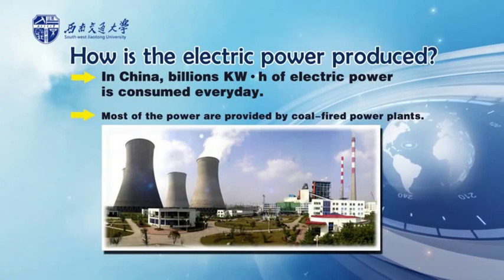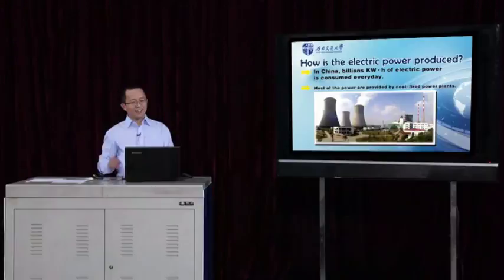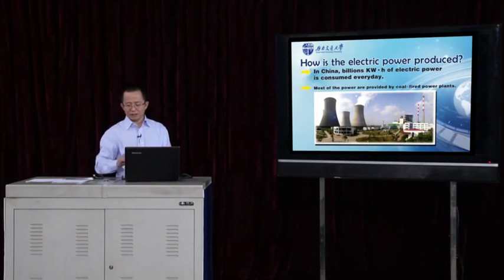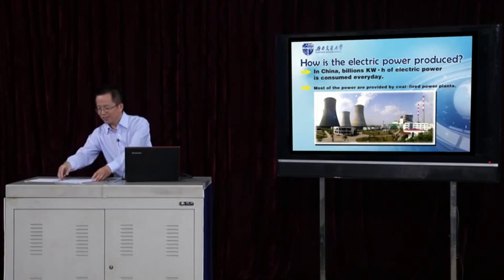For a coal-fired power plant like this, I would say that, well, it produces more pollutants into the air, but generally speaking, we don't worry about this one having some kind of big disaster to kill a lot of people. You know, we don't have that kind of thing today.